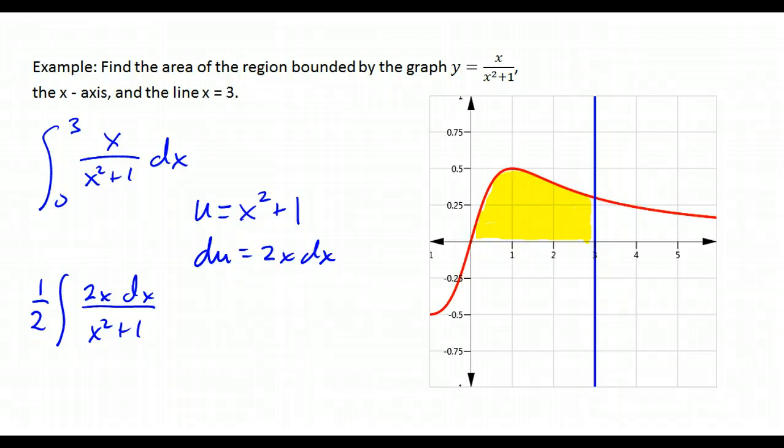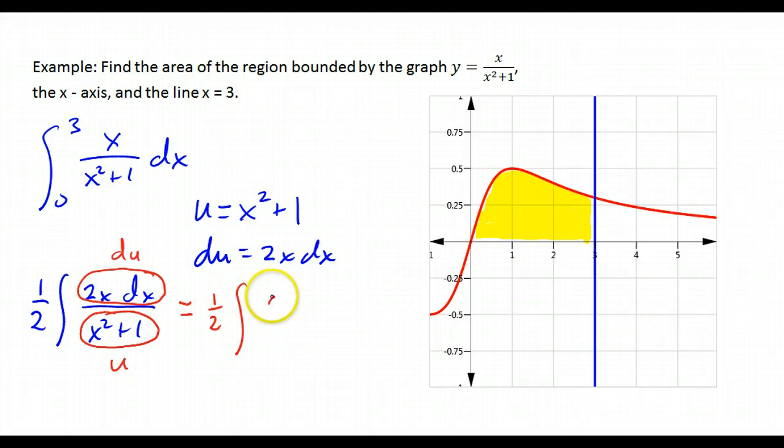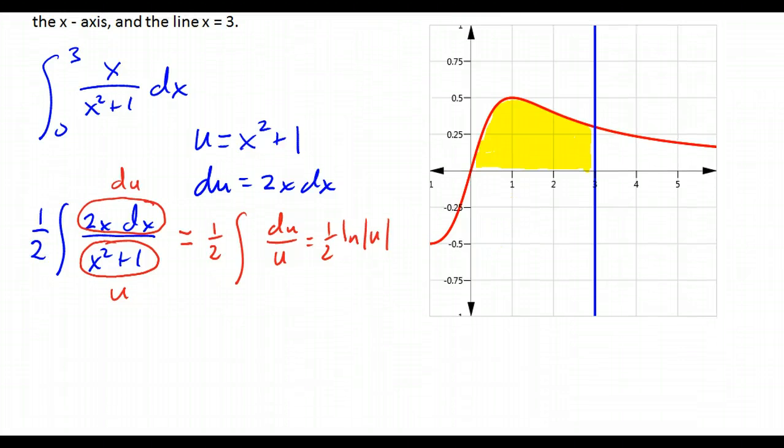Okay, so remember that all of this now is du, and all of this is u. So in terms of u, this is 1/2 the integral of du over u, which is 1/2 the natural log of u. Okay, so let's rewrite that now in terms of x.